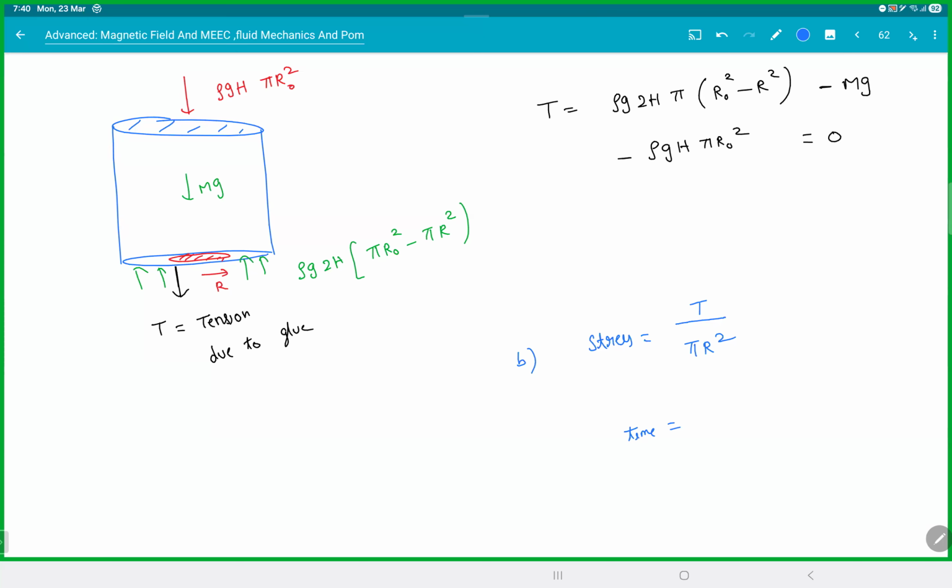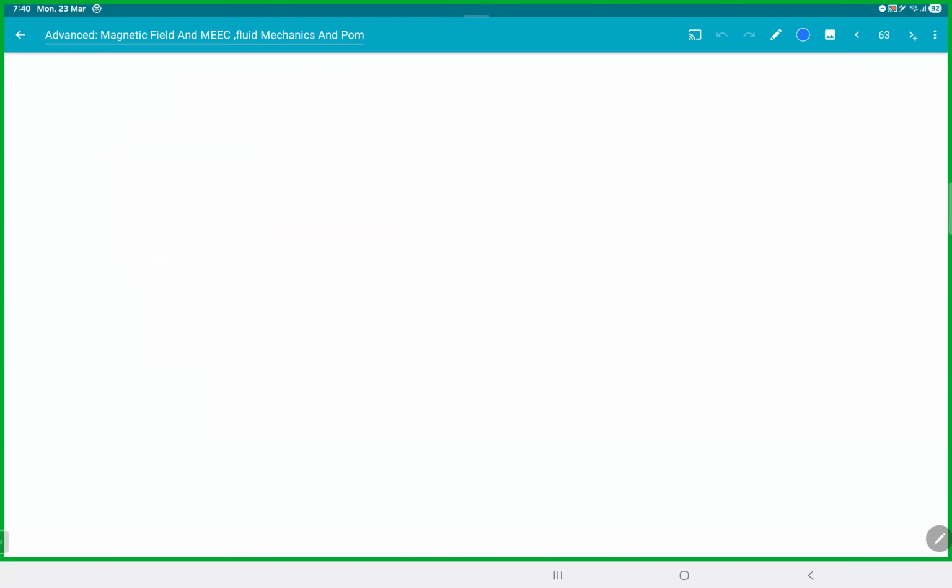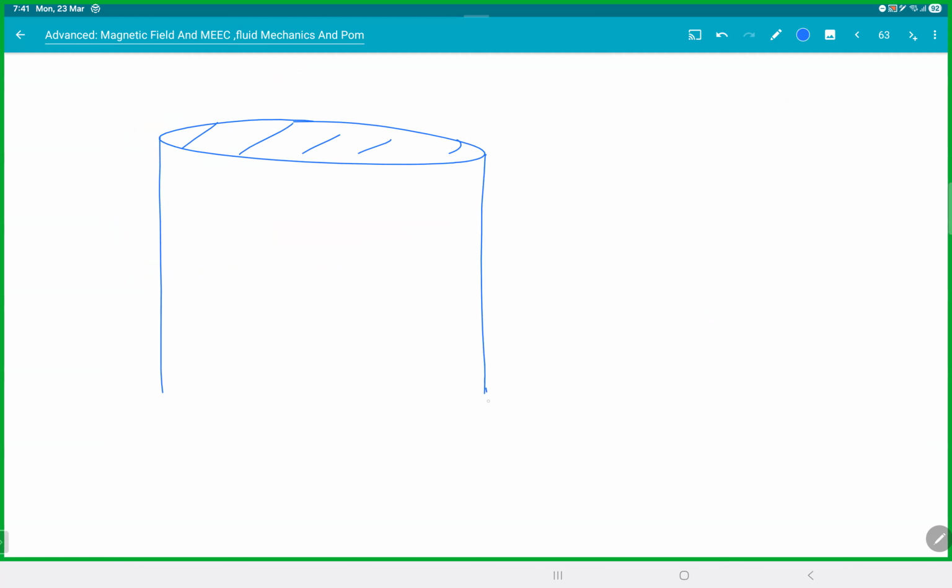Is that clear, everyone? There is another good way of asking, not the same question, but something similar. Tell me how will you approach this. Imagine we have a cylinder, tied by a string, mass m, radius r.